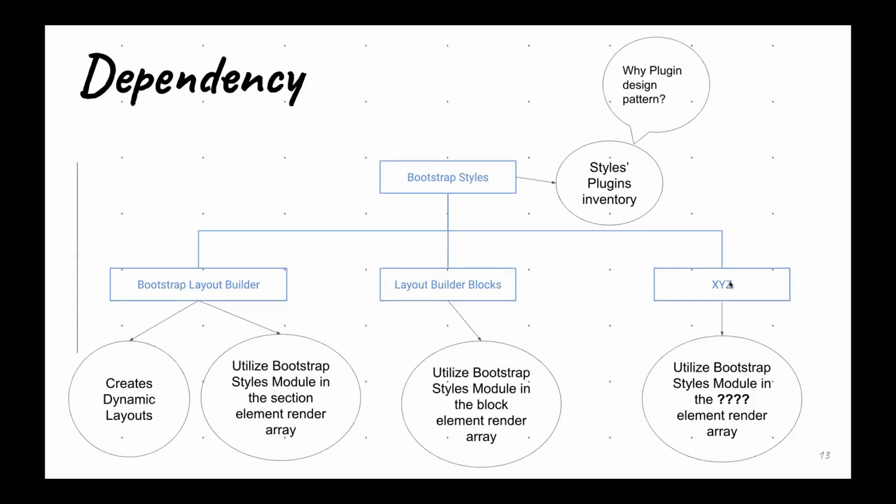It can be a paragraph. It can be something that adds some styles to a field, or to Drupal views. Anything that is based on a Drupal render array can depend on Bootstrap Styles and use any of these plugins, and you can implement your own panel.